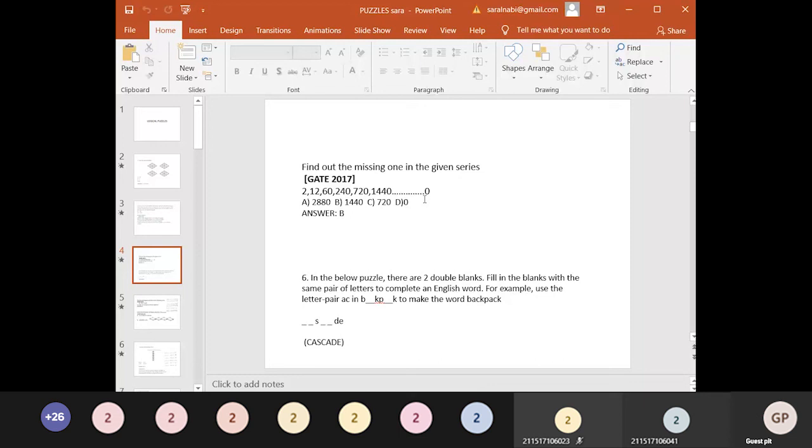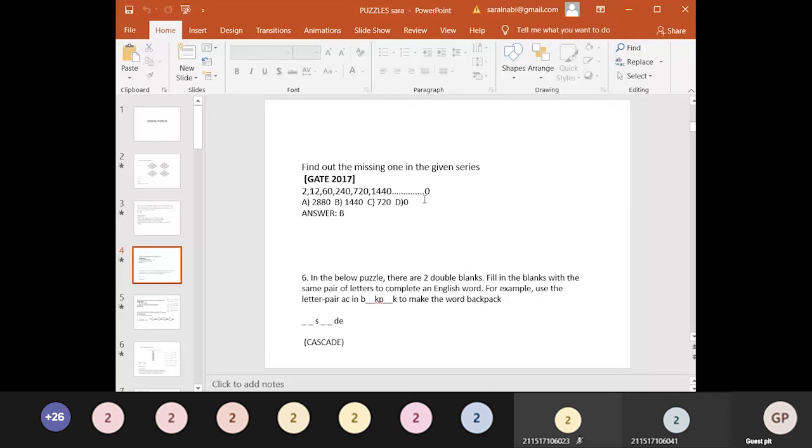So first it is multiplied by 6, second by 5, next by 4. 4 sixes are 24, so 240. Likewise, the multiplication factor is decreasing.